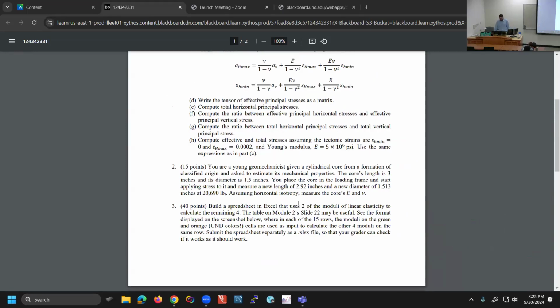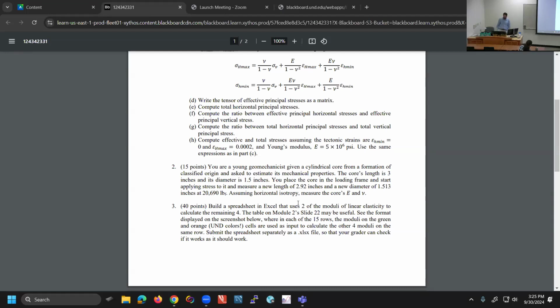Question number 2. You are a young geomechanicist given a cylindrical core from a formation of classified origin and asked to estimate its mechanical properties. The core's length is 3 inches and its diameter is 1.5 inches. That's a weird core, but anyway.